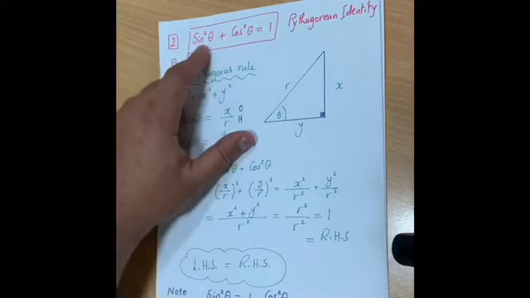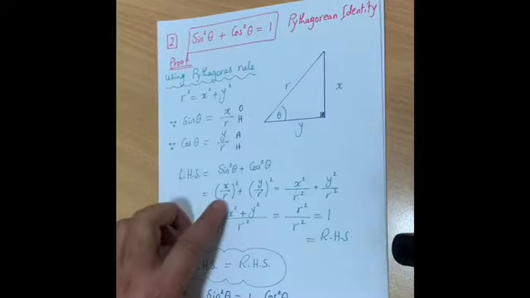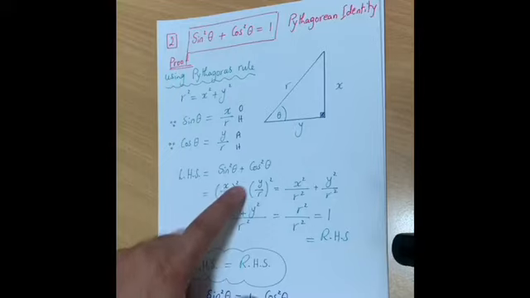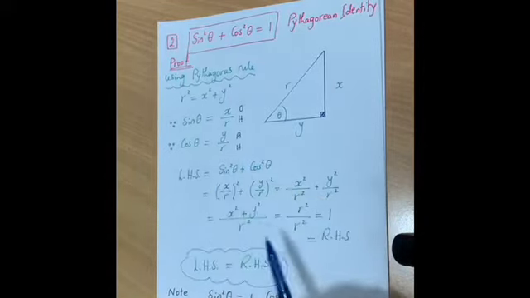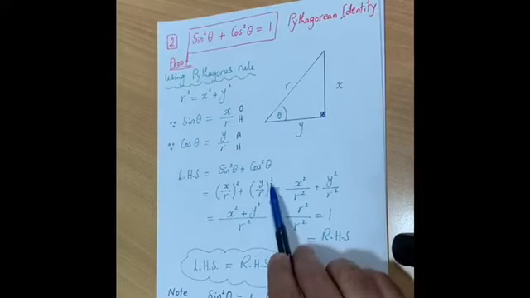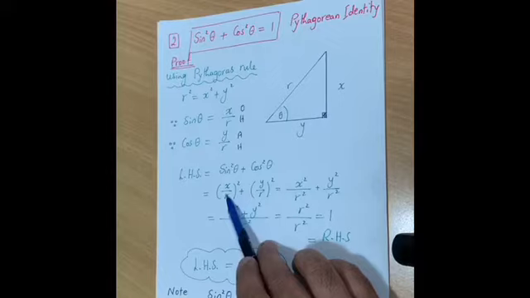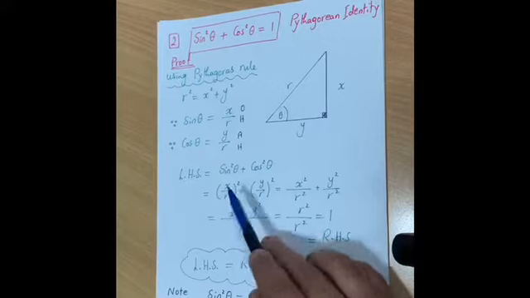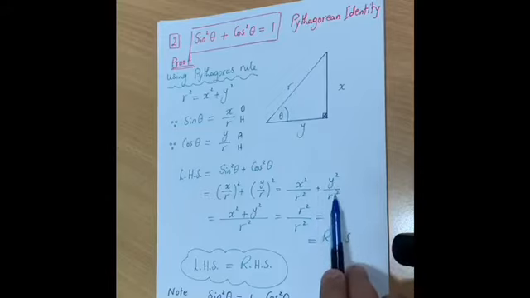Left-hand side is sine squared plus cosine squared, and the sine we have as x over r, so just replace that there. X over r to the power of 2, and cosine is y over r, so y over r to the power of 2. By squaring both numerator and denominator, x squared over r squared plus y squared over r squared.